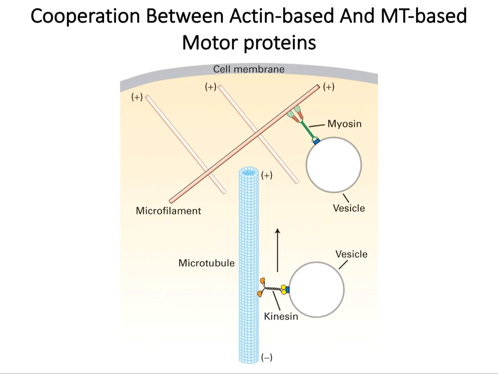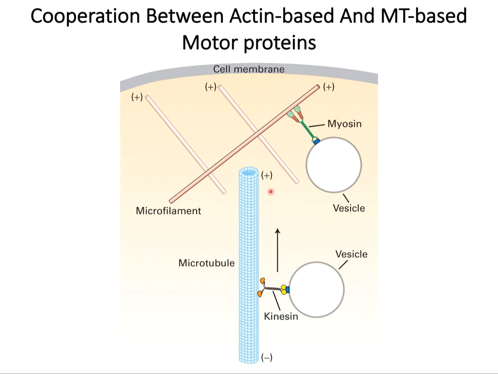You can also have cooperation between actin-based motor proteins and microtubule-based motor proteins. So here is a vesicle that is moving toward the plus end of the microtubule with the help of a kinesin. But let's say the microtubule doesn't reach the cell periphery, and yet this vesicle needs to be at the edge of the cell.